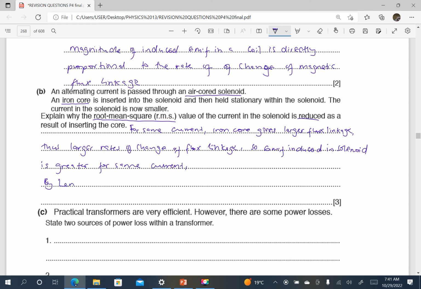By Lenz's law, the induced EMF in the solenoid opposes the applied EMF.